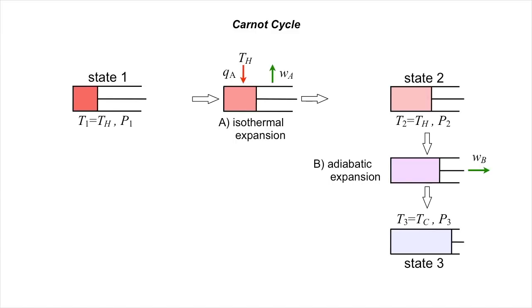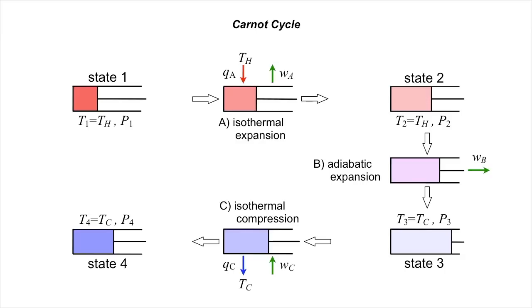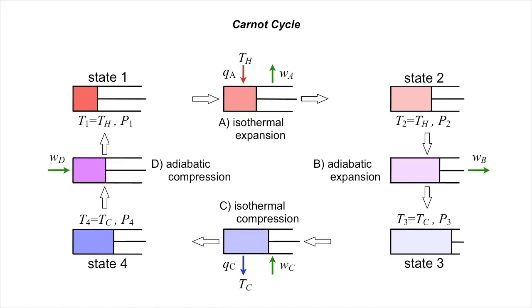But instead of absorbing more heat, we expand reversibly and adiabatically, lowering the pressure further to P3 and the temperature to TC. Then in step C, we isothermally and reversibly compress the gas to pressure P4, consuming work and rejecting heat at temperature TC. Finally, in step D, we adiabatically and reversibly recompress the gas back to pressure P1 and temperature TH.